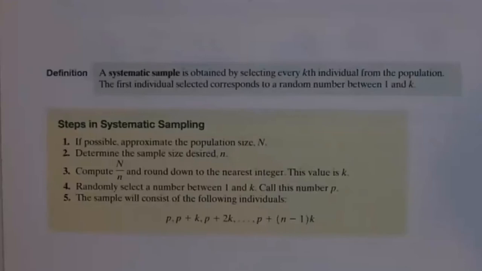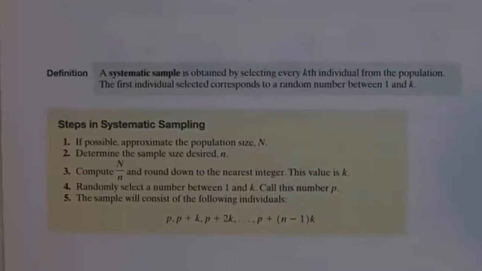So if 30 is my value of K, then the first customer that I'm going to select is going to be in the first 30 from the time I open the door. I would randomly pick some number between 1 and 30. So maybe it's number 22. So the 22nd customer that checks out that day, I would ask to complete my survey. And then I would skip 30 customers.